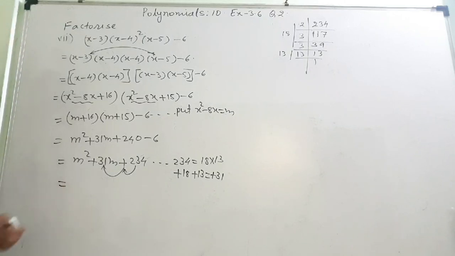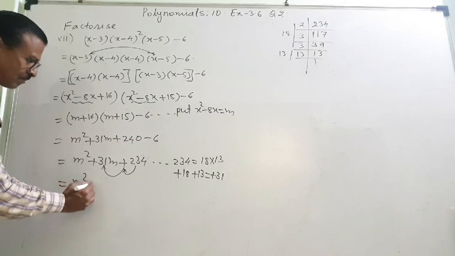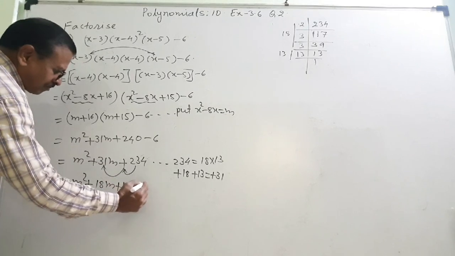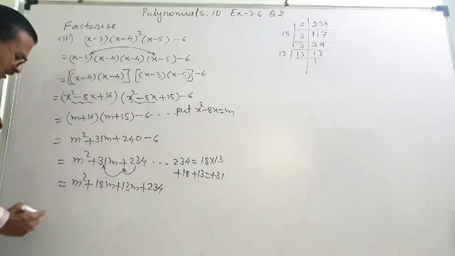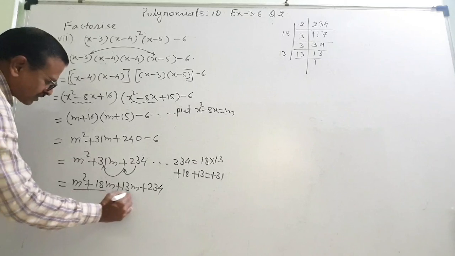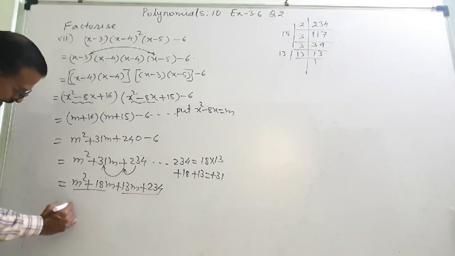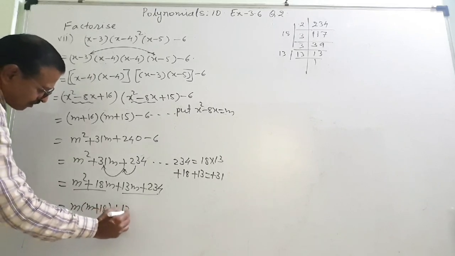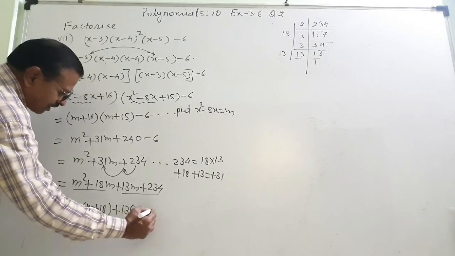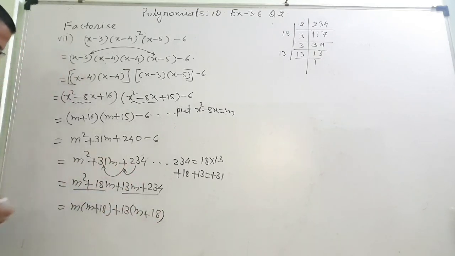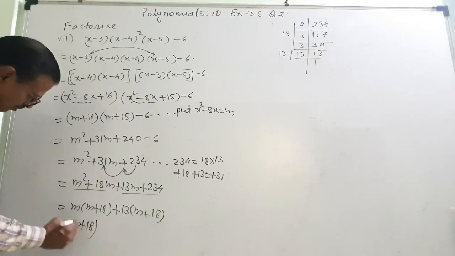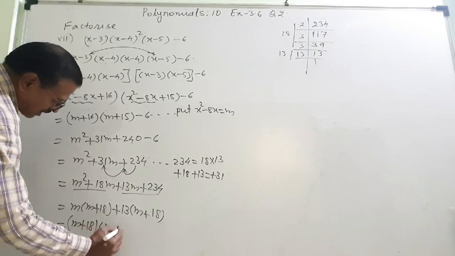So this is equal to m square plus 18m plus 13m plus 234. Make the two groups. It will be m common, m plus 18, and 13 is common, m plus 18. 18 into 13 is 234. So this is equal to (m plus 18) into another bracket (m plus 13).